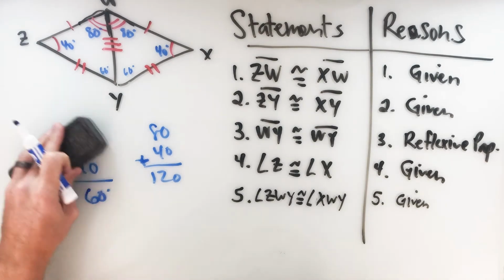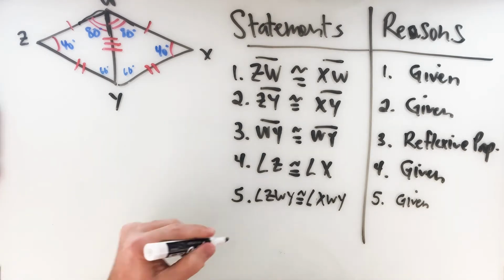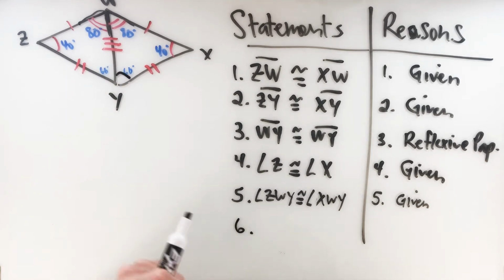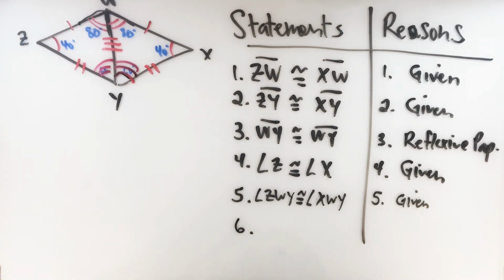Okay, so based on that information, we're going to go ahead and finish this out by saying those third angles, angle 6, these two angles, I should go red here. We're going to mark those two angles congruent based on that third angle theorem.